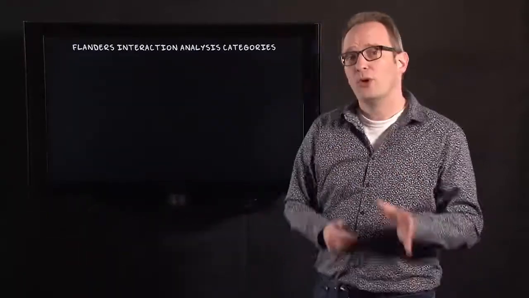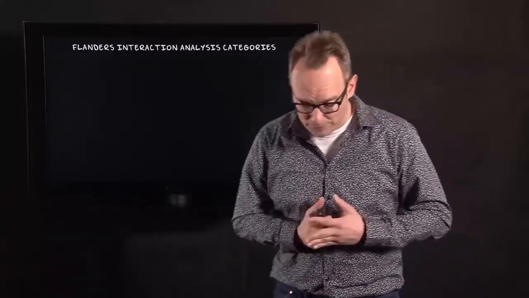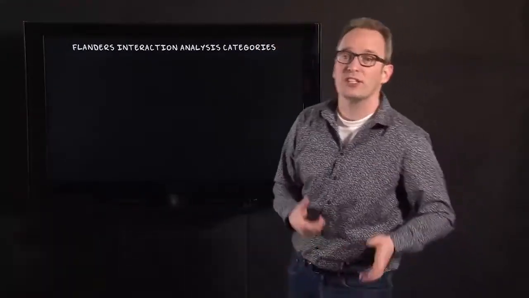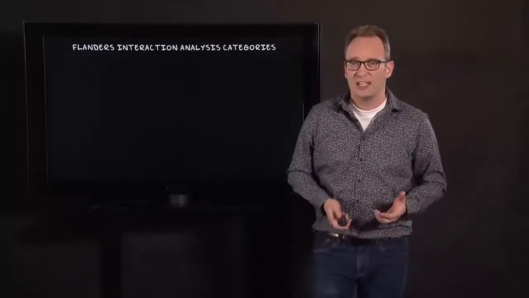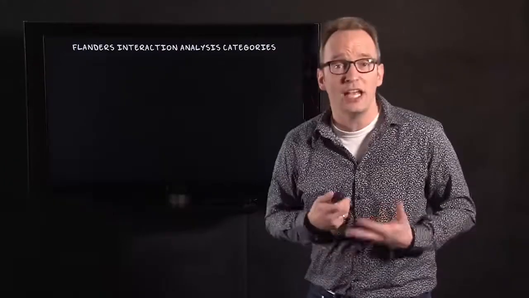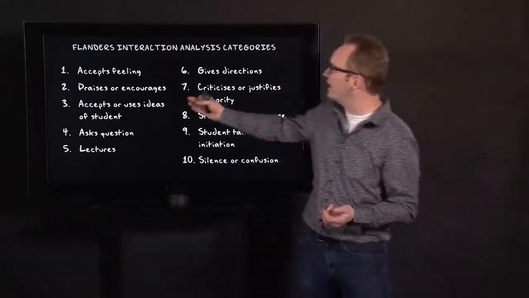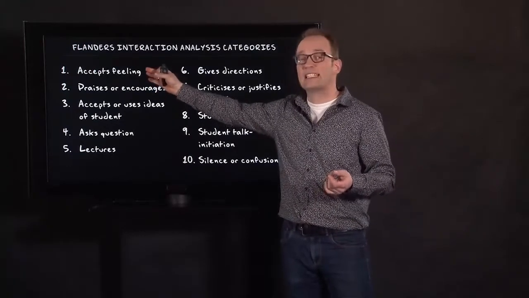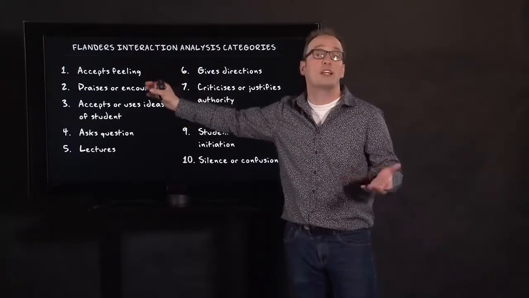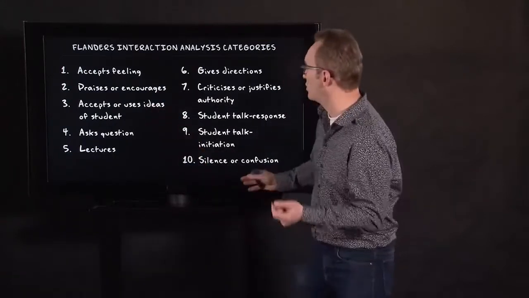A classic example of structured observation is the Flanders interaction analysis categories. These categories are used in educational science, and here they are. What you see here is that a teacher can accept feelings or can praise or encourage a student, accept or use ideas of students, or lecture.